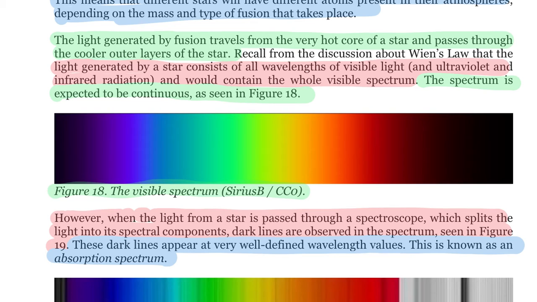Now, when we look at the light from a star like our sun, we expect to see a continuous spectrum.